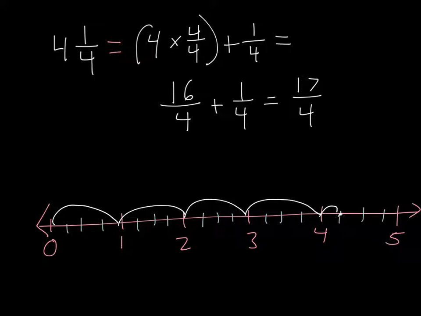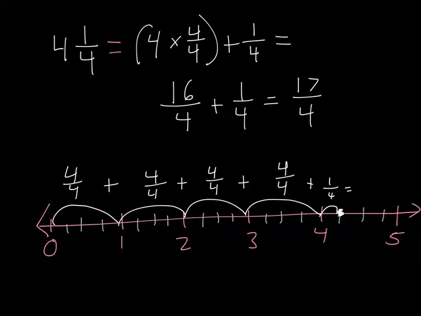And my fraction that I'm starting with ends right there, my 4 and 1/4. So this is 4/4 plus 4/4 plus 4/4 plus 4/4. And you can see that's where I get this multiplication statement of the 4 equal groups of 4/4. And then I have the additional 1/4. So when I add those all up together, it becomes 17/4.